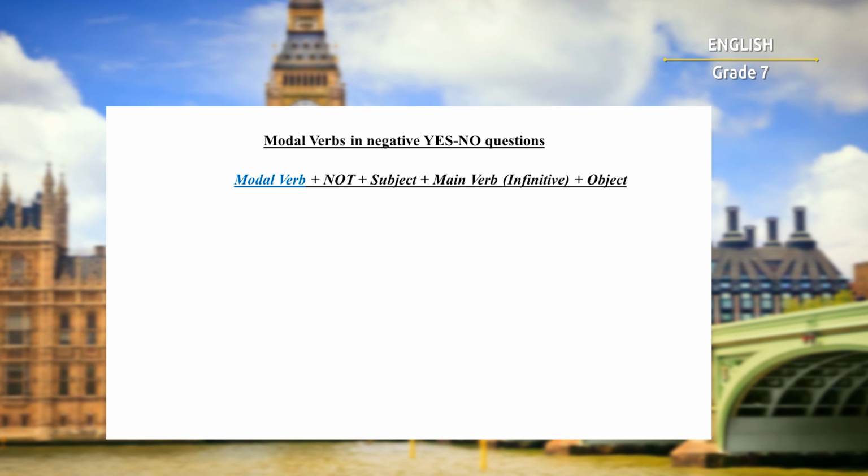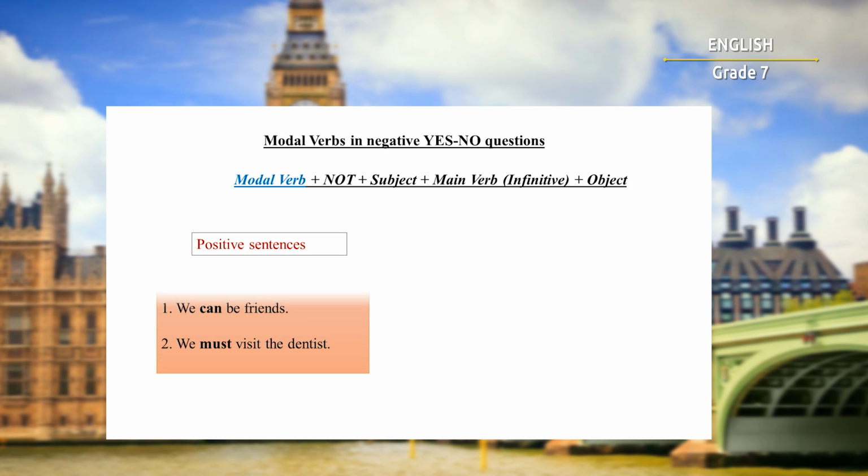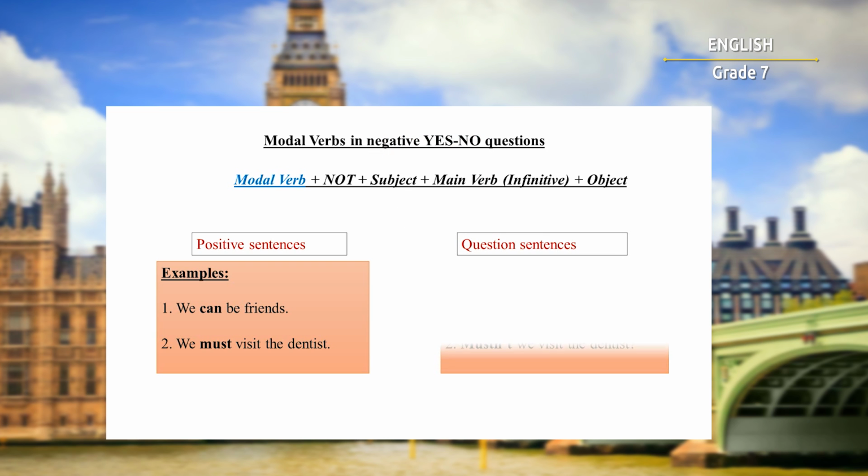In a positive sentence with a modal verb, we can be friends, or we must visit the dentist. Let's look at question sentences, negative yes-no questions. Can't we be friends? Or mustn't we visit the dentist?